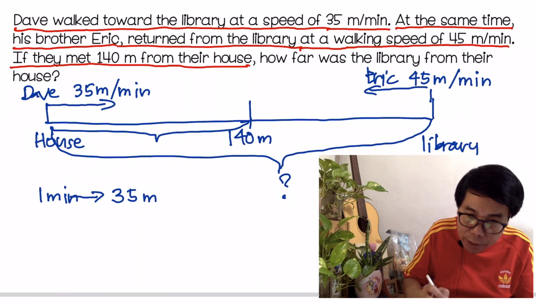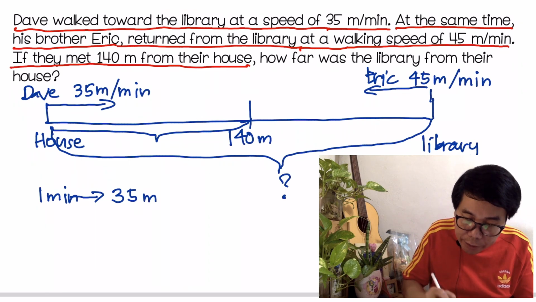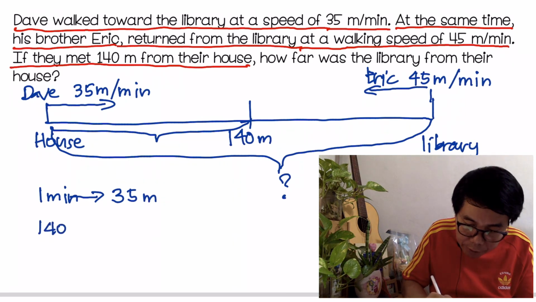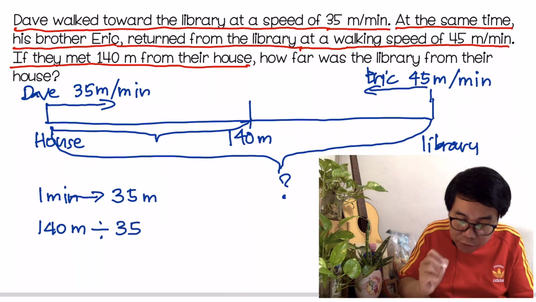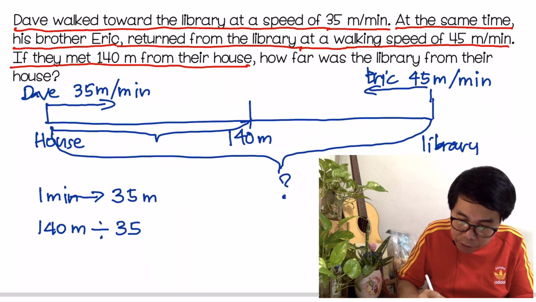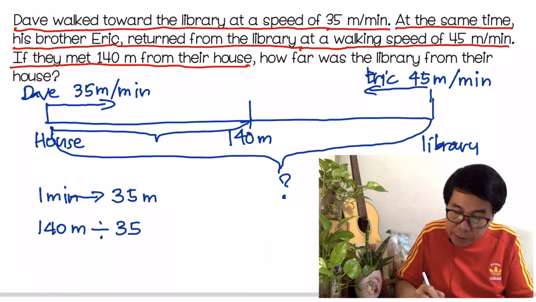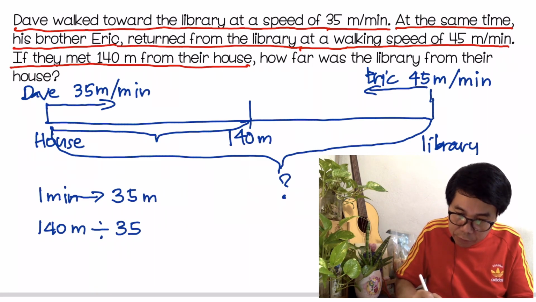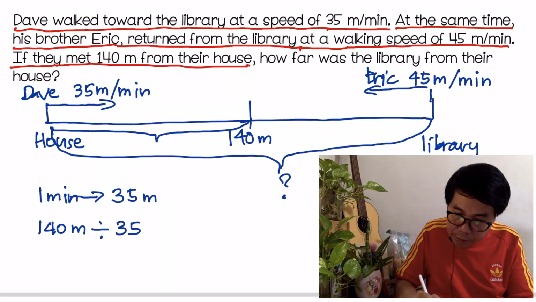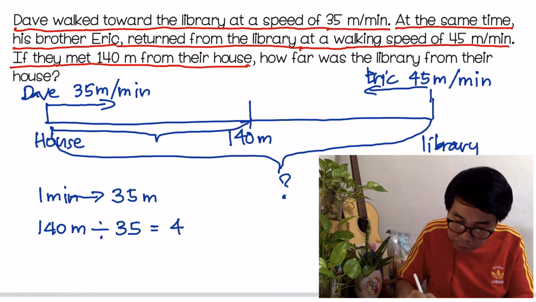What we have to do is divide 140 by 35. So how many 35s? 140 meters divided by 35 is equal to 4 minutes.